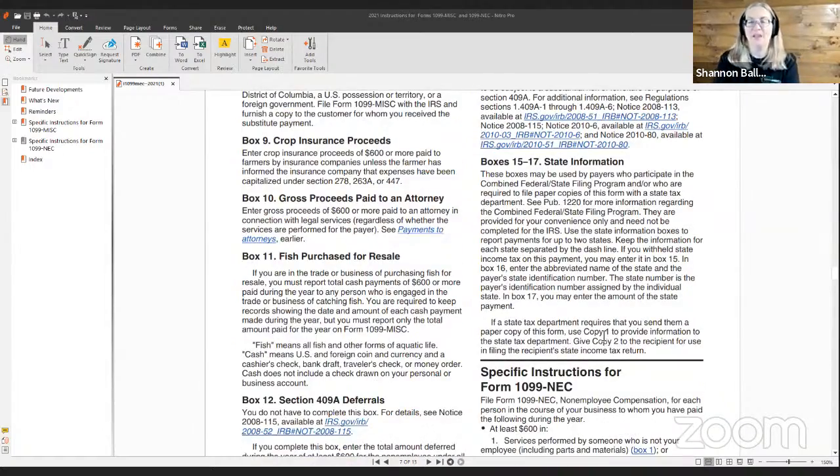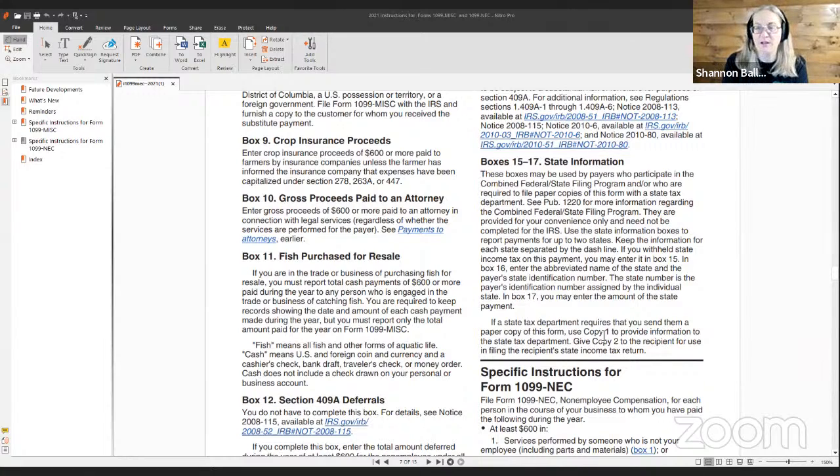Boxes 15 through 17, state information. These boxes may be used by payers who participate in the combined federal/state filing program and/or who are required to file paper copies of this form with a state tax department.